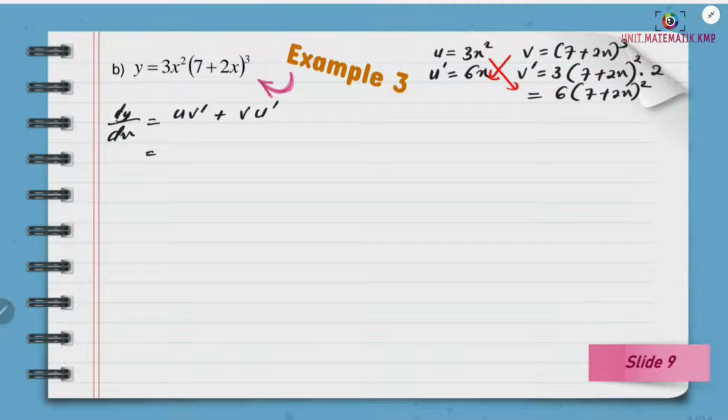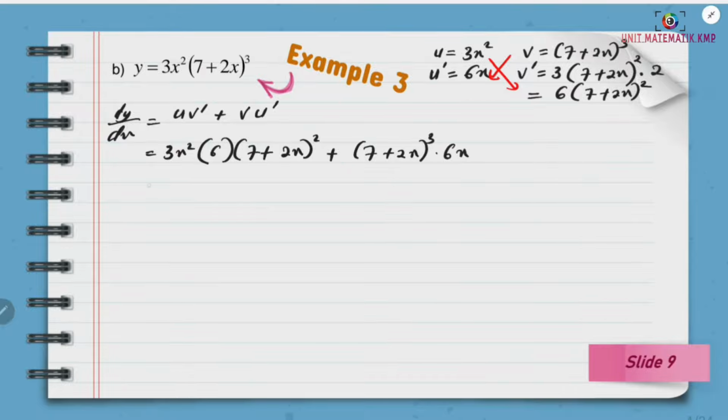We have u, 3x², times v prime, 6 times (7 + 2x)², plus v, (7 + 2x)³, times u prime, which is 6x.